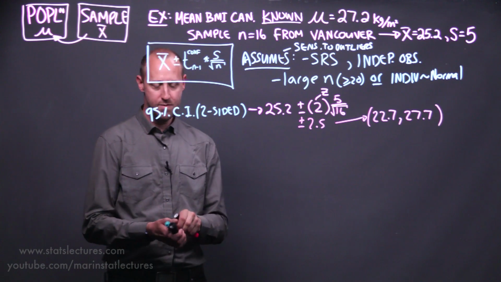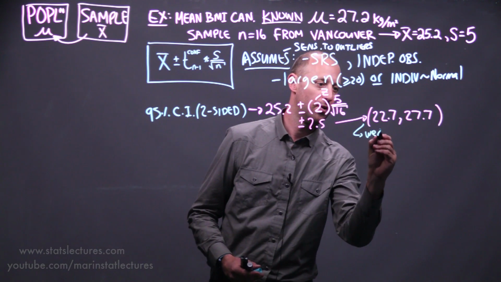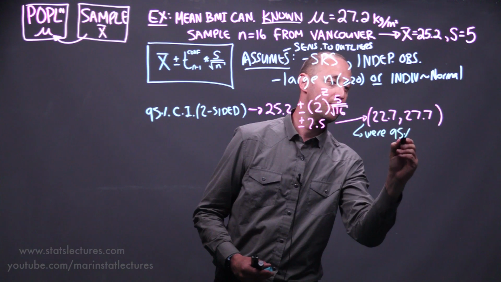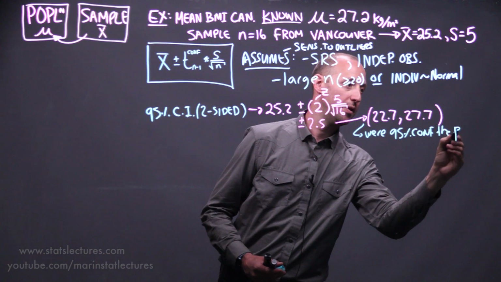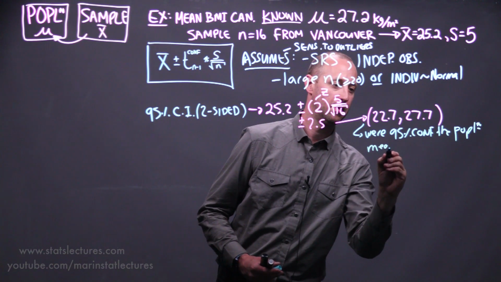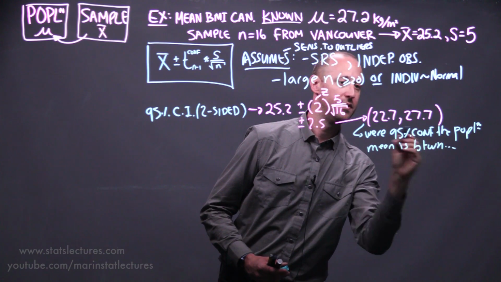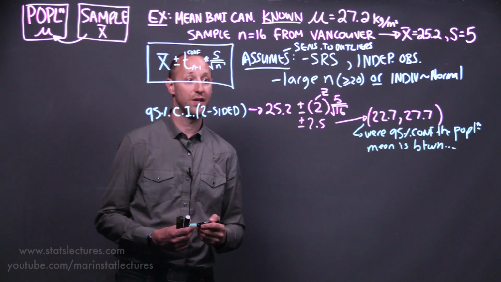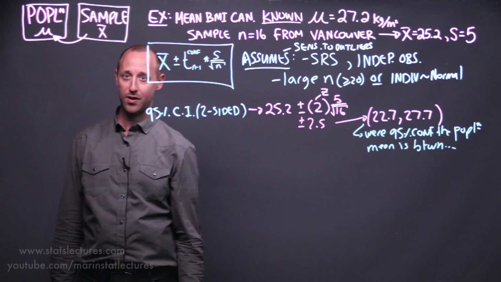So let's talk about what we can say about this confidence interval. Here we can say that we're 95% confident the population mean is between these two values, 22.7 and 27.7. Technically, we should be using the exact t-value.